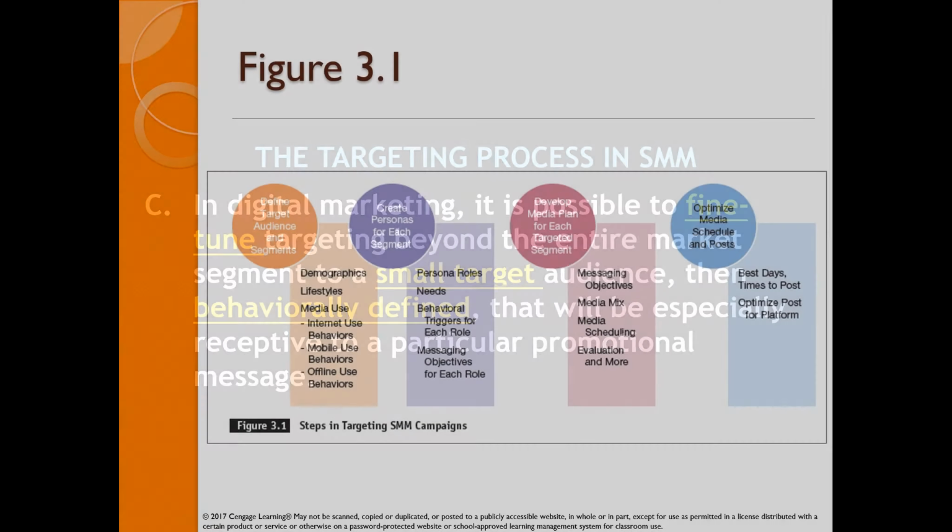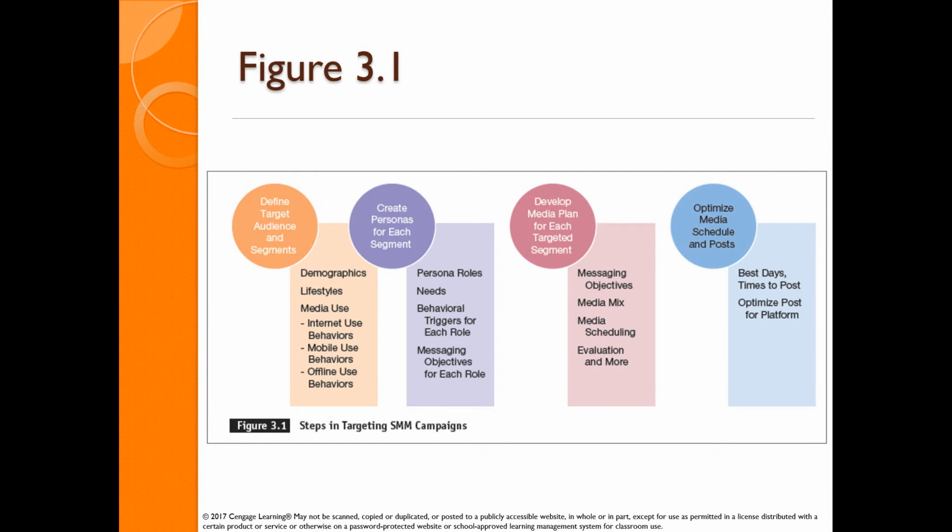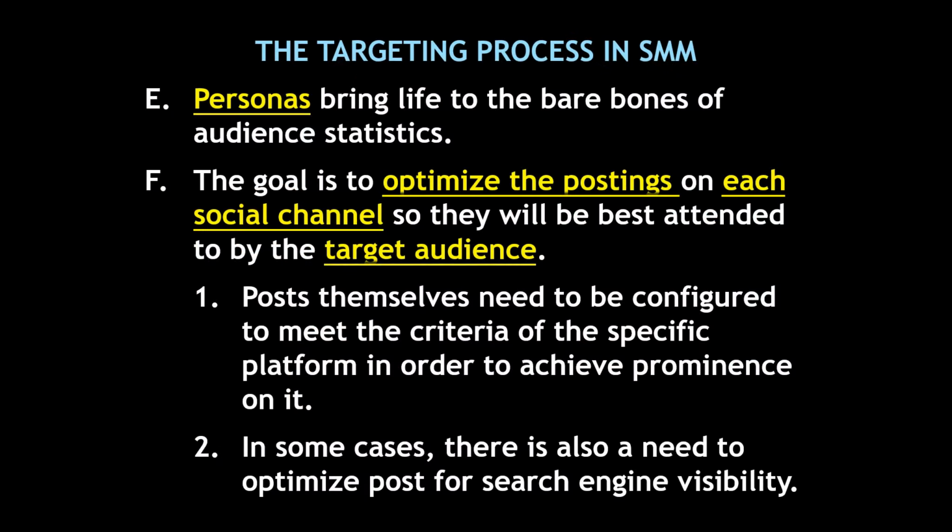Now, this graphic here that's in your textbook, Figure 3.1, talks about the steps in targeting social media marketing campaigns. And some of this has to do with the idea of the persona. The persona brings life to the bare bones of audience statistics.